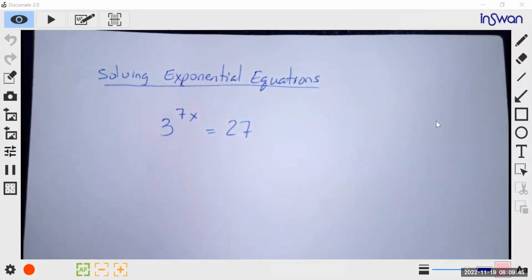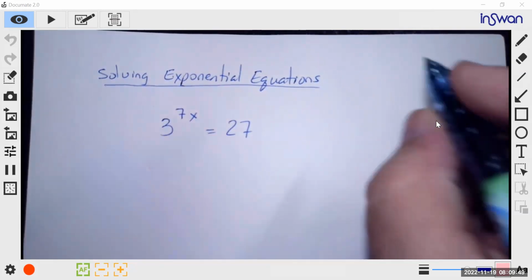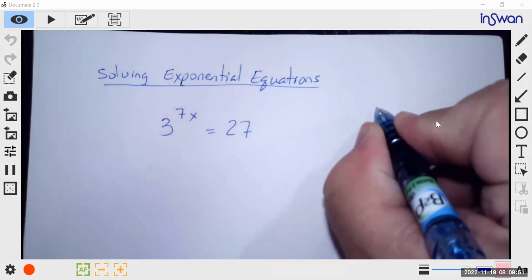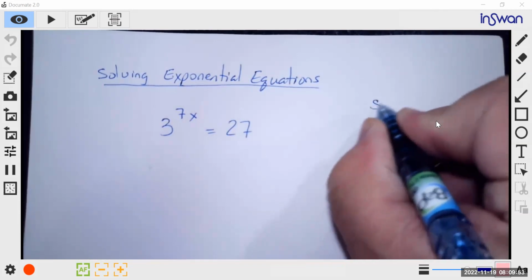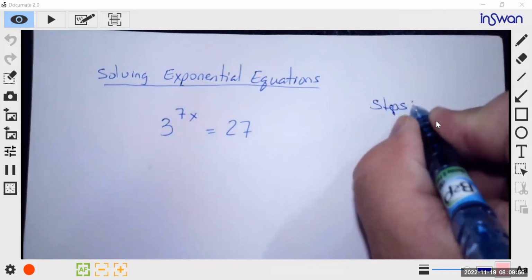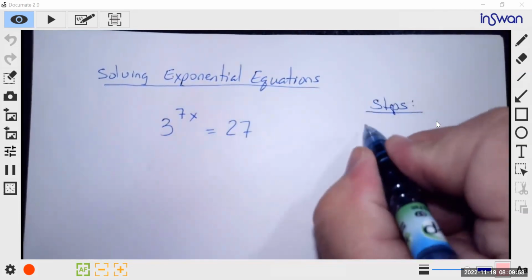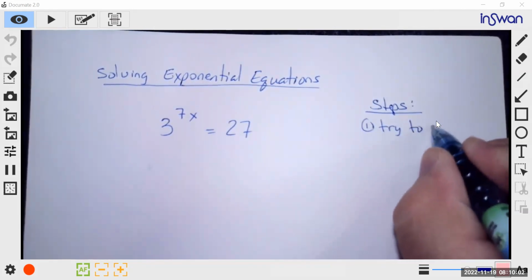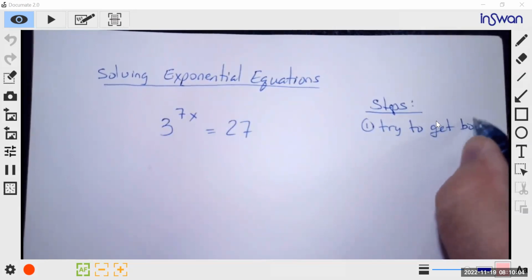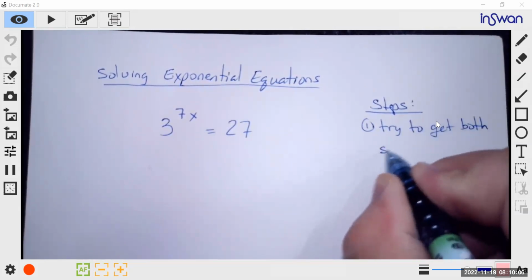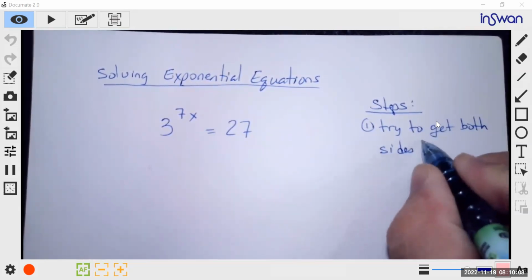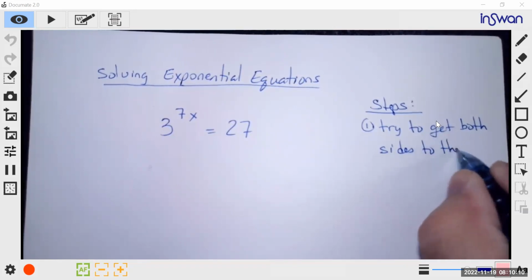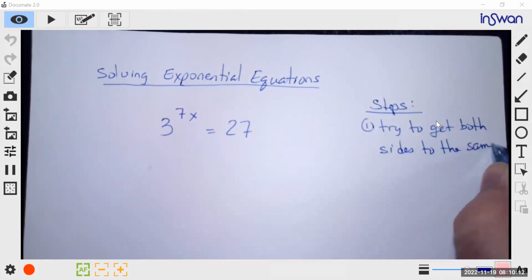So that's what the whole chapter is about. Your first step is to try to get both sides to the same base.